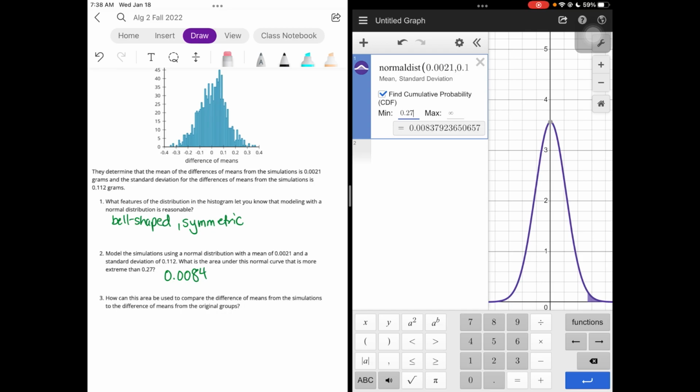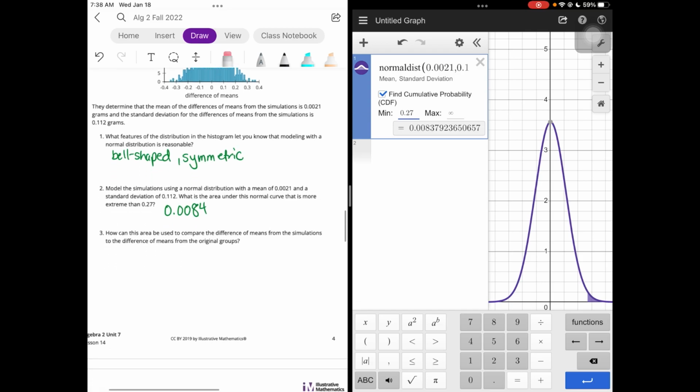All right, how can this area be used to compare the difference of means from the simulations to the difference of means from the original group?